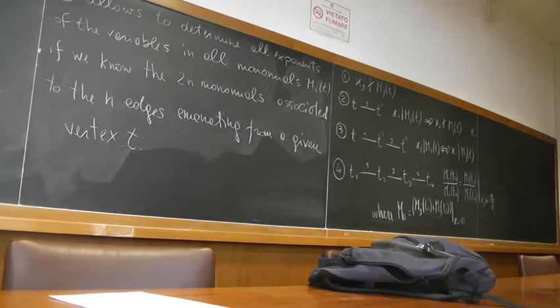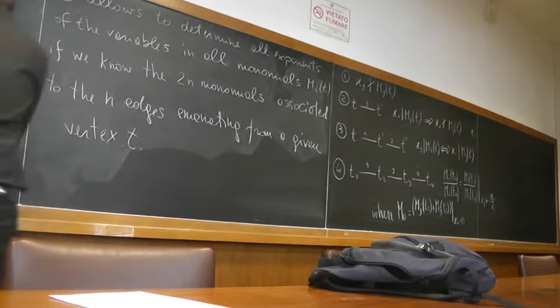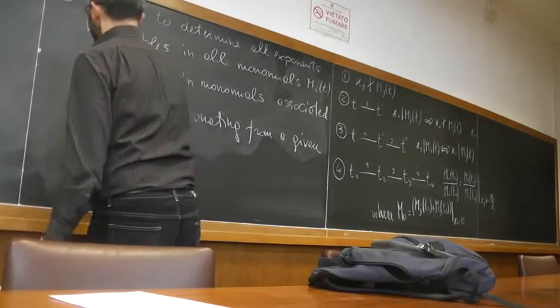We can look at this example. If we start from this at distance k plus 1, then we have this at distance k, and then we may have either this at distance k minus 1 or this at distance k. So in any case, this is at distance smaller or equal than k. And so by hypothesis, we know the exponents of the monomials associated to these edges, and then we can apply axiom 4.